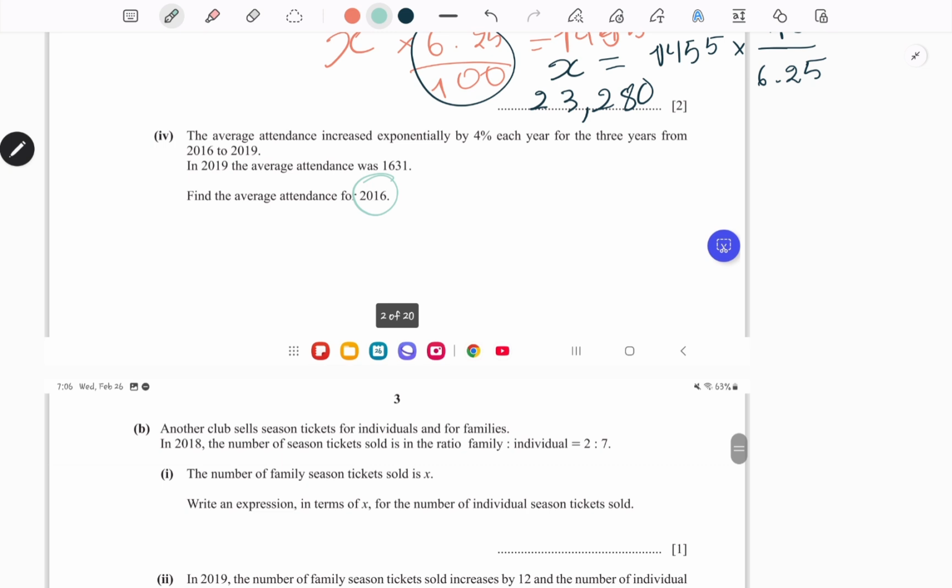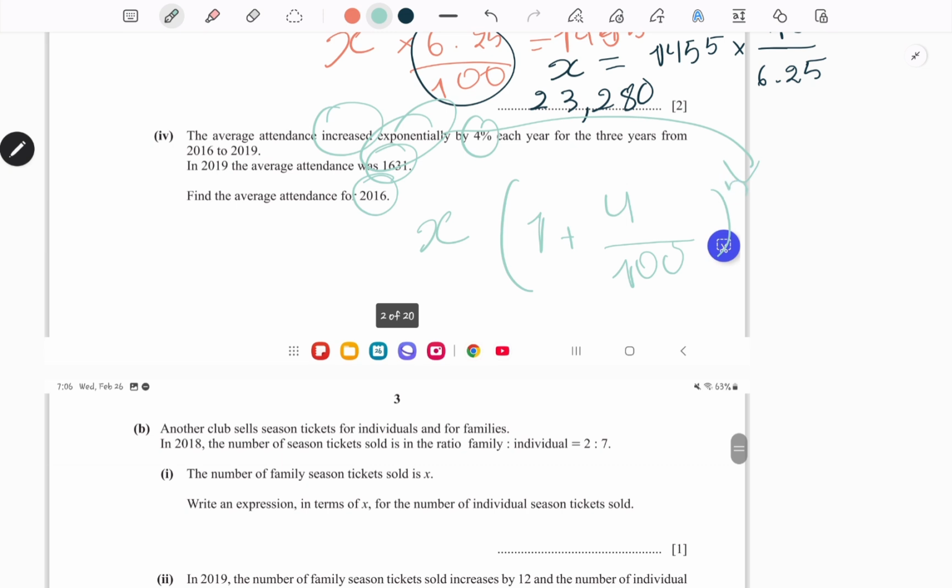So what we need to know is that the number of students, initially we're gonna take it as x. So x multiplied by 1, which is the total number of students. And because it's an increase, we are going to do plus 1 plus the percentage, but pay attention, it's exponentially, so we have to put an exponent.